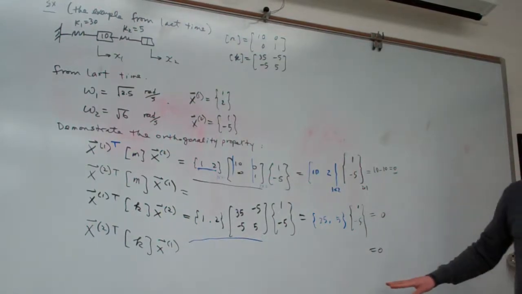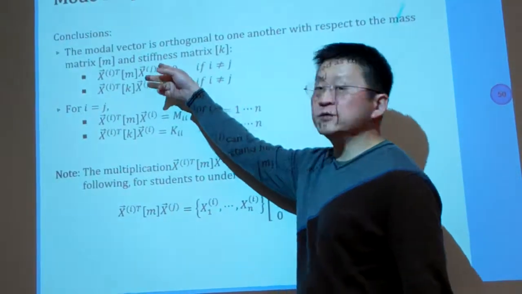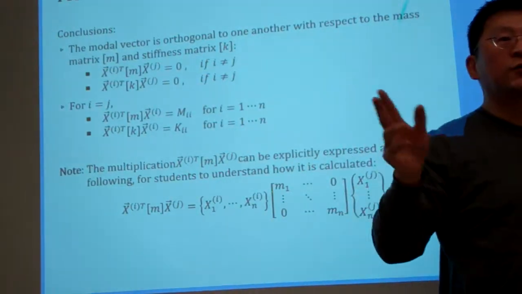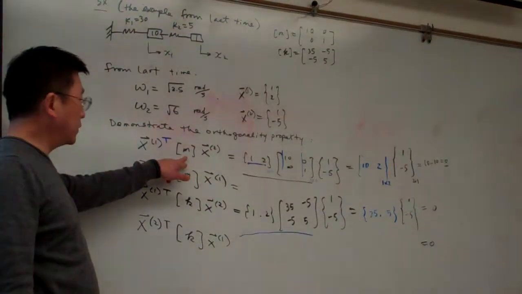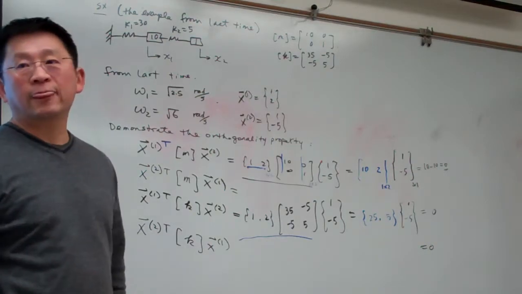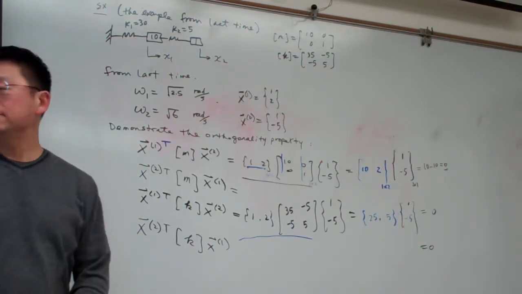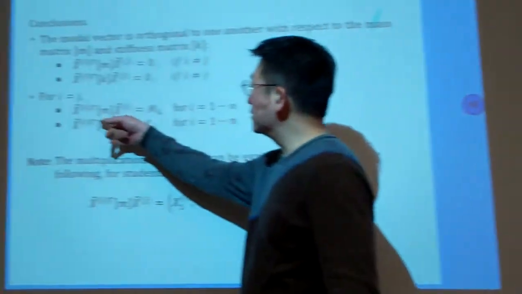That is the numeric demonstration of the first two equations. As long as you use different modes, the operations with respect to the M matrix or K matrix must equal 0. Then let me demonstrate the remaining two equations.